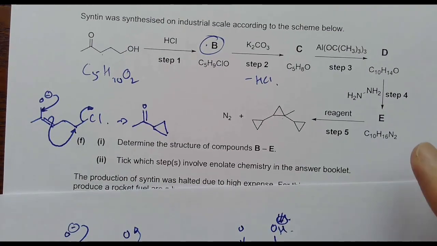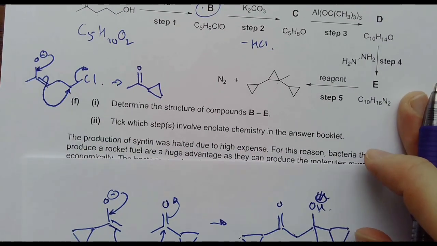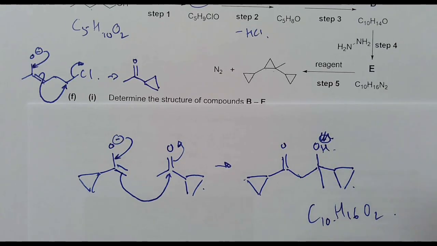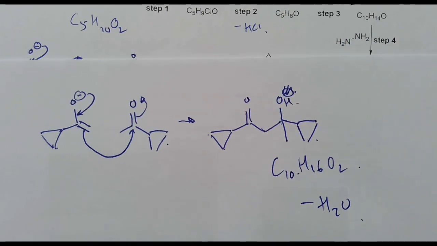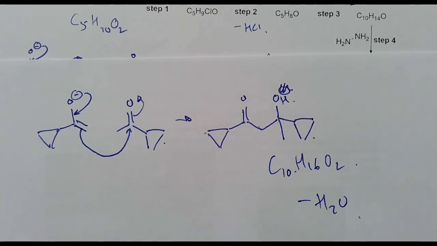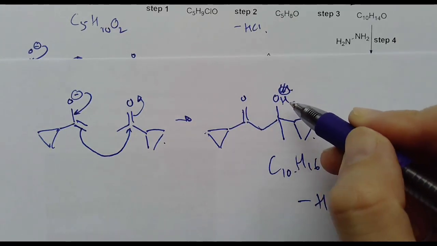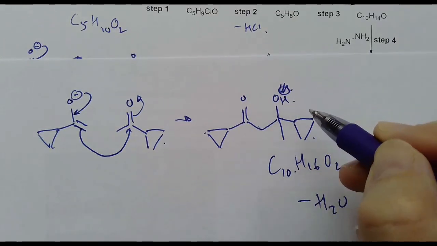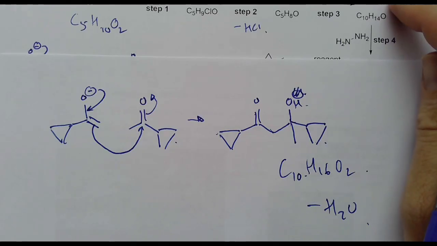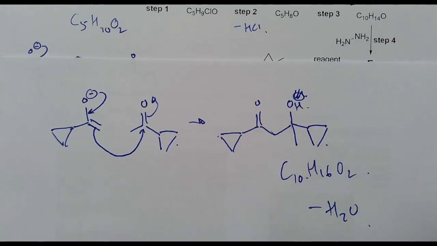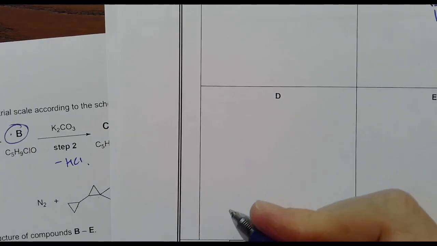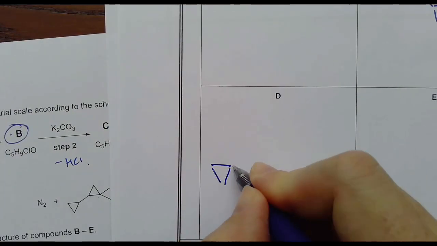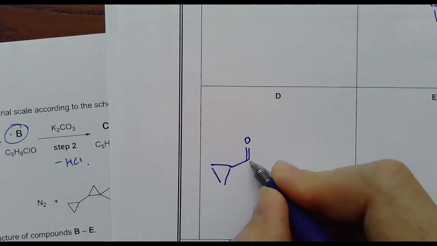But my target molecule for D is C10H14O. So I've got to lose H2O, which means I'm going to have to do an elimination reaction. And the elimination will just be the removal of the alcohol. So if I remove the alcohol, then my product D will be this.